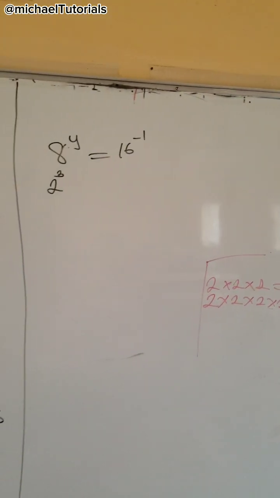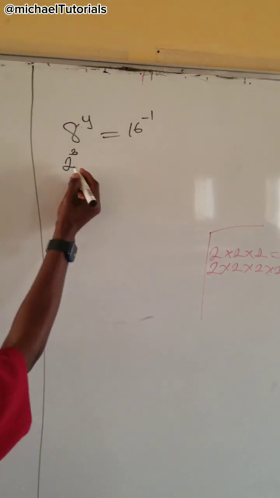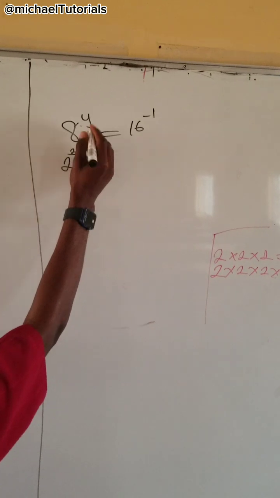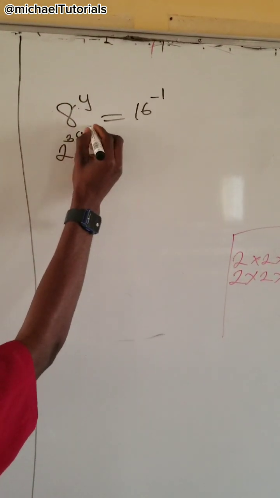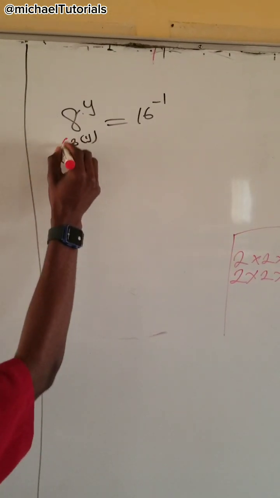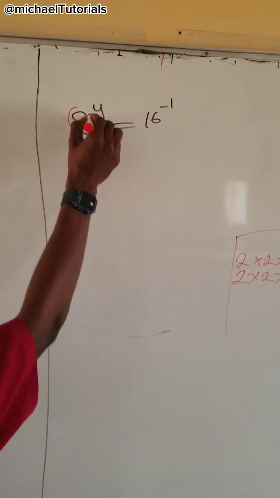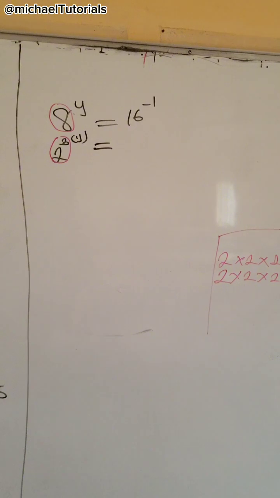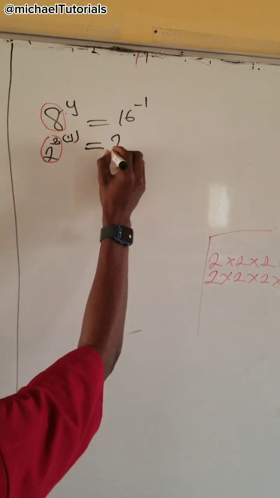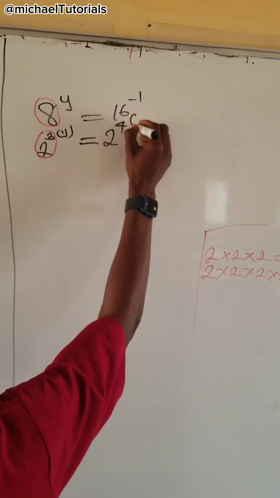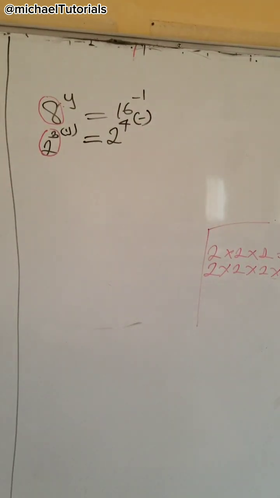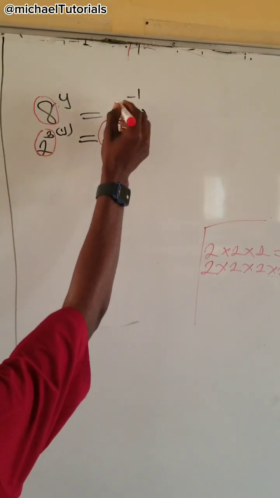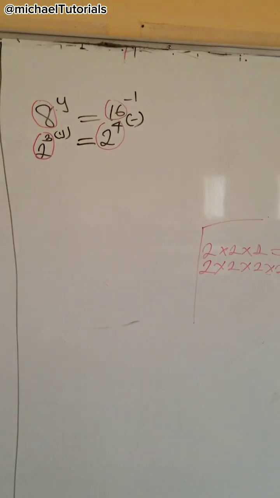So 2 is the perfect number to use here. Now we have 2 to the power of 3, open bracket y, where 2 to the power of 3 stands for 8. This is equal to 2 to the power of 4, open bracket minus 1.